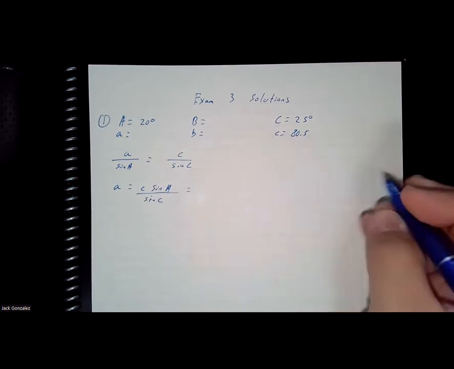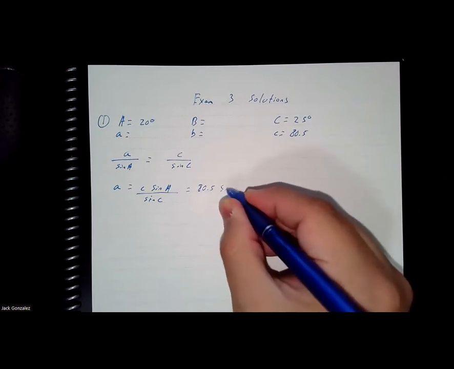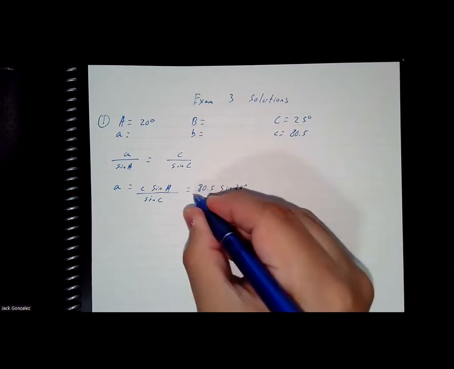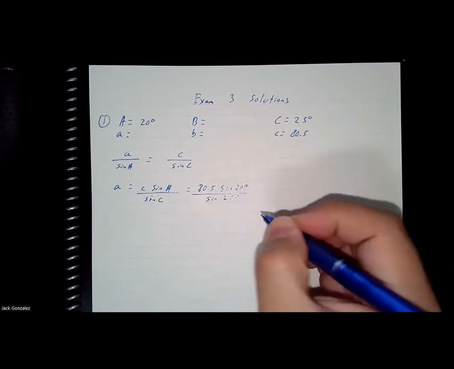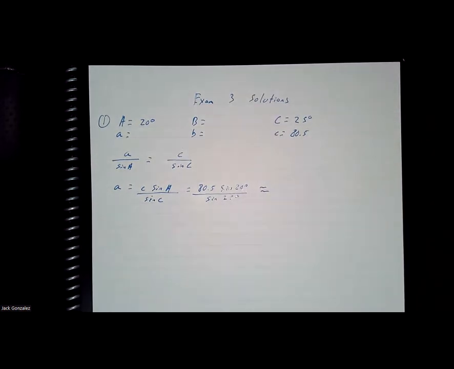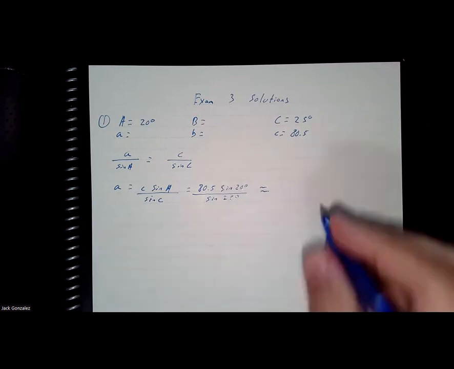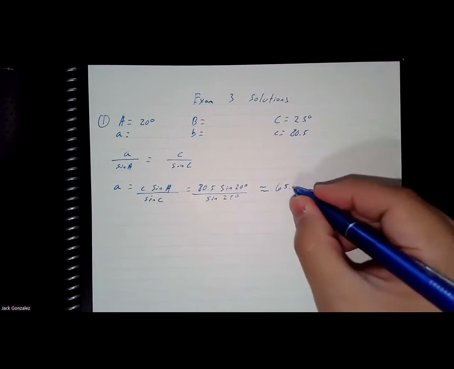So this will be 80.5 sine 20 over sine 25. And then it's calculator time. We'll round to 3 decimal places, 65.148.